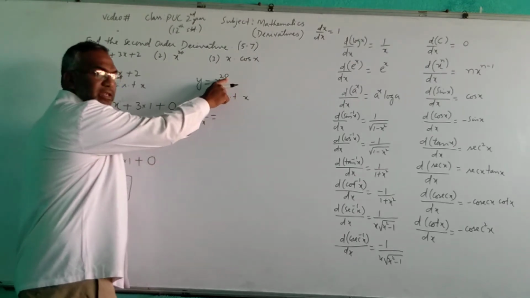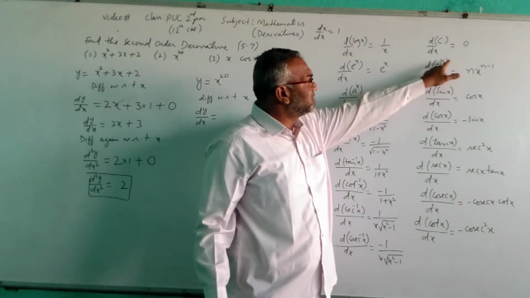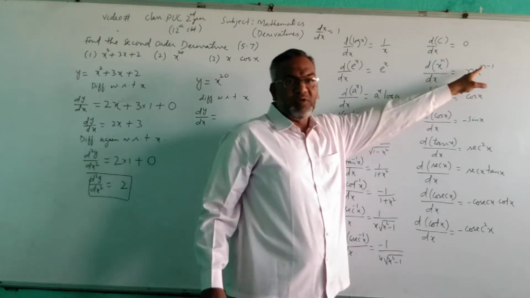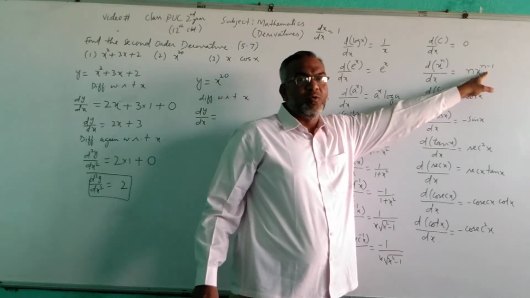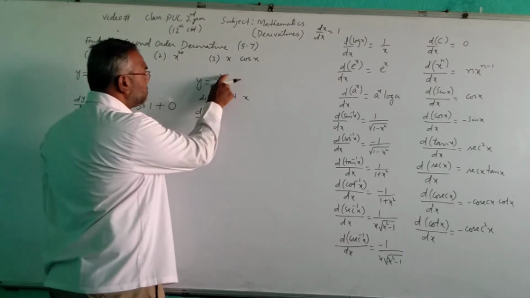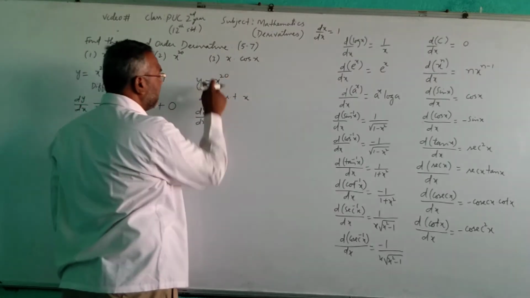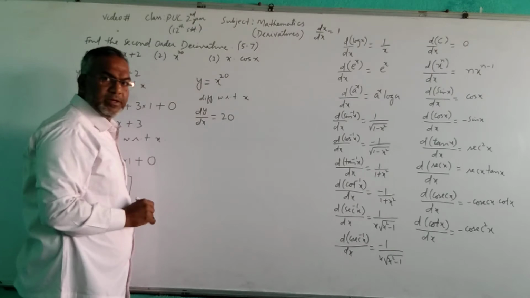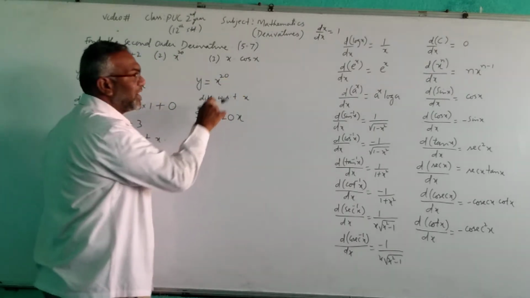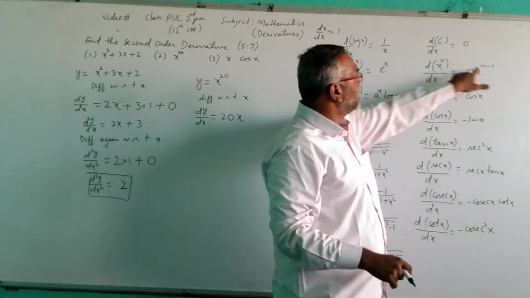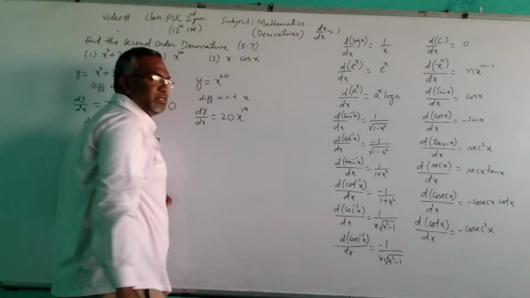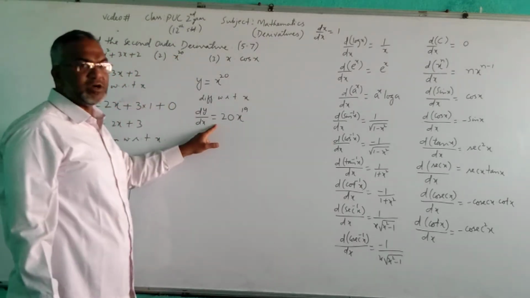The differentiation of x raised to n: n must multiply here, and we decrease the power by 1. So this 20 will multiply with the coefficient, which is 1. It becomes 20 x to the power of 20 minus 1, that is 19. This is the first order derivative.